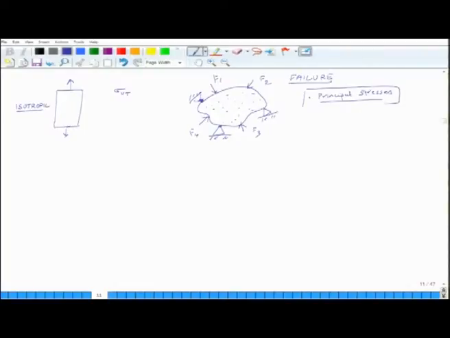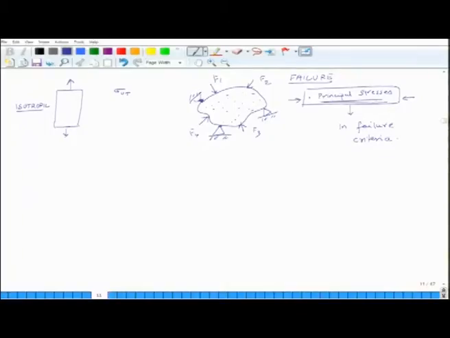But the first step in understanding whether the structure is going to fail is you figure out the principal stress at every point in the system, and then you use this information in failure criteria to see whether it is failing or not, and at every point you see whether there is a margin of safety or not. This is the overall way we figure out whether an isotropic structure is going to fail or not.